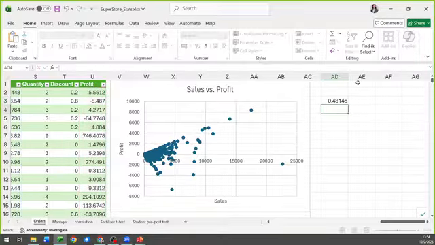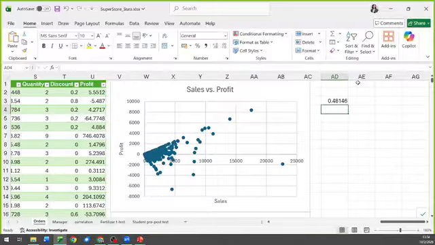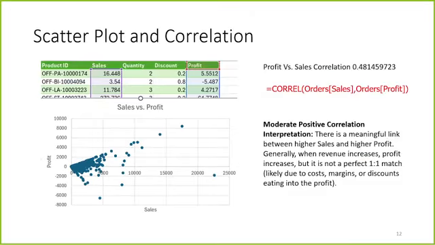Okay, so we get 0.48. What does 0.48 mean? Let's say it's about average, right? It's about moderate, not average, moderate. So let's say I use AI to help me. It says moderate positive correlation.